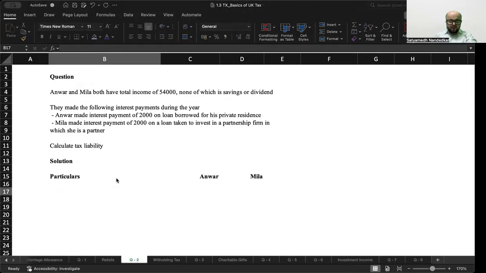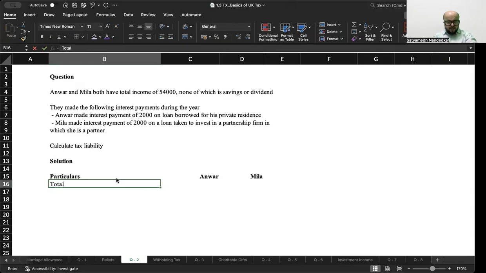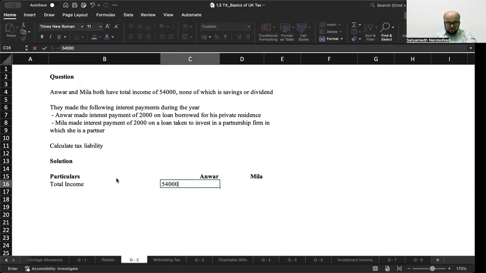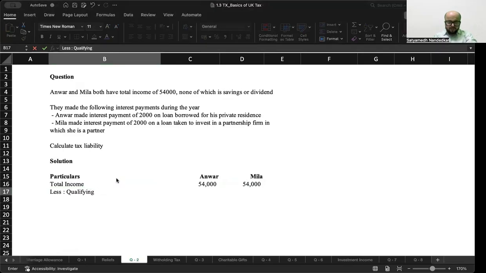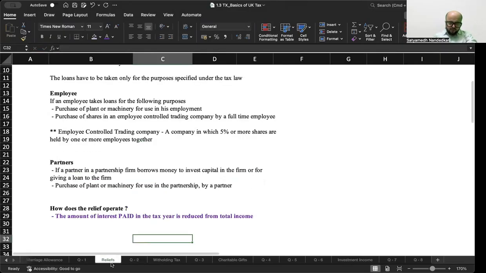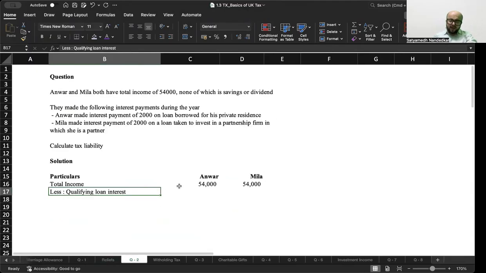Okay, so if I were to look at this data, see, total income of both is 54,000. Less qualifying loan interest. How is the benefit given? Amount of interest paid is reduced from total income.